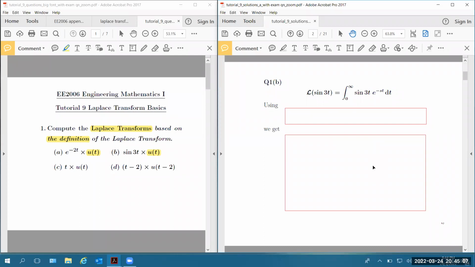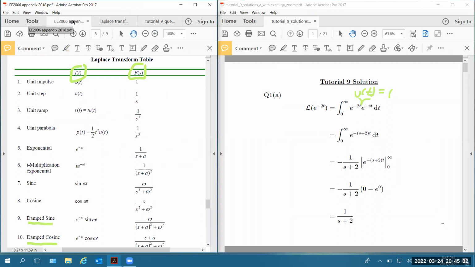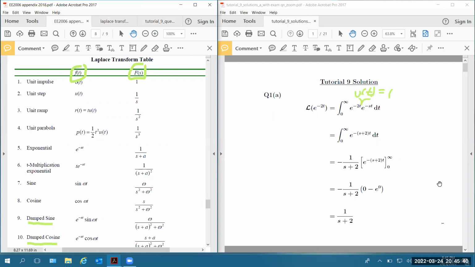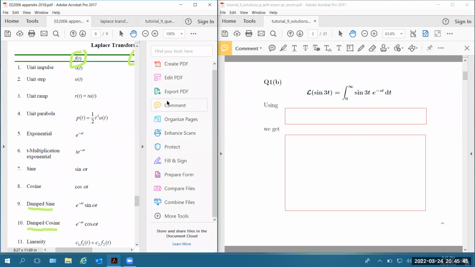You look at the table. Oh, you mean the table that I showed you last week? The Laplace table, just now. Yeah. How come I never moved and this thing changes page by itself? That is very funny.